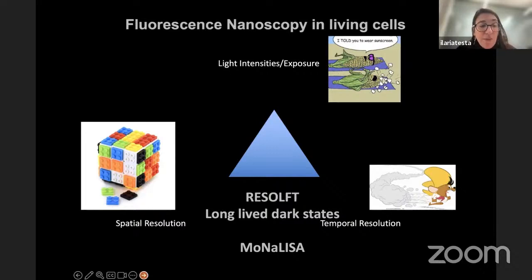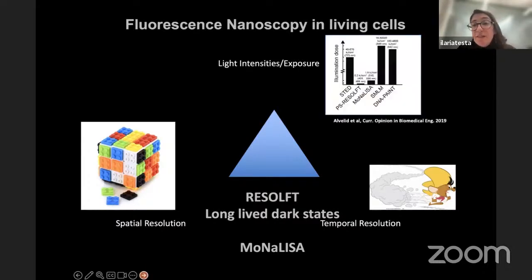So in this way, we can be gentler, because one of the things is that photo damage is a non-linear process. So it really matters how you deliver your photons. And this is just an example that I always look at to motivate me and my lab mates, showing, between the known super-resolution techniques, how much light you need to record a single frame.